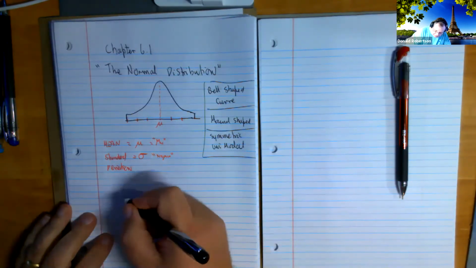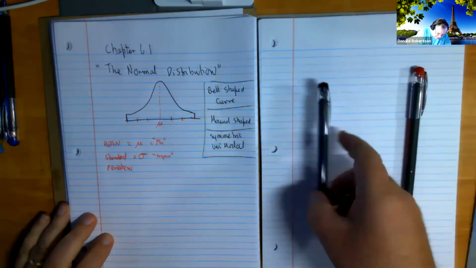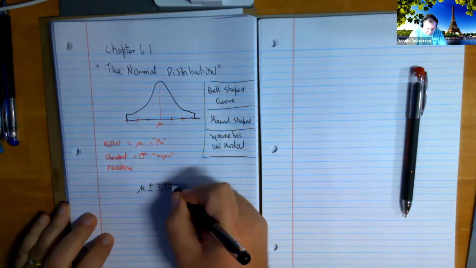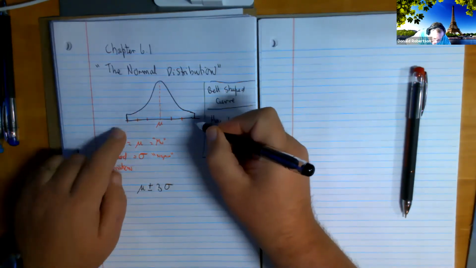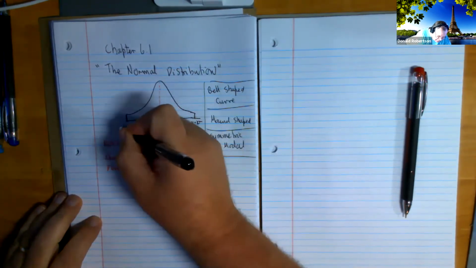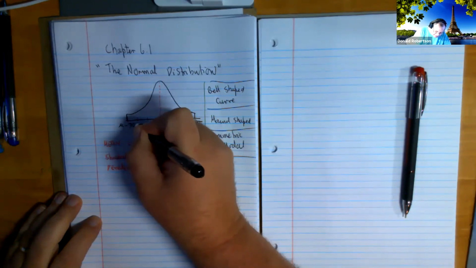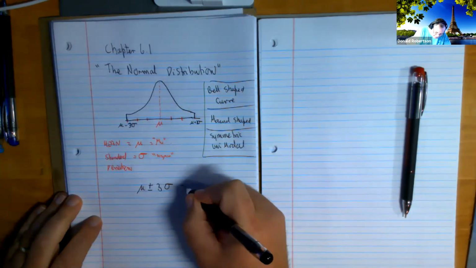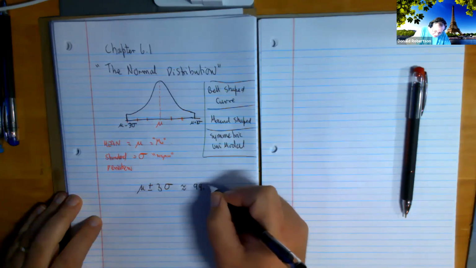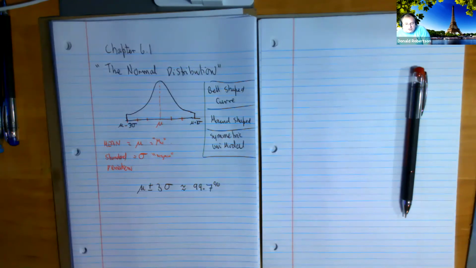If you take the mean and add and subtract 3 standard deviations, so that's basically here and here, this guy here is 3 standard deviations, and this guy down here is 3 on the other side, then they found 99.7% of all the data lies in that range.